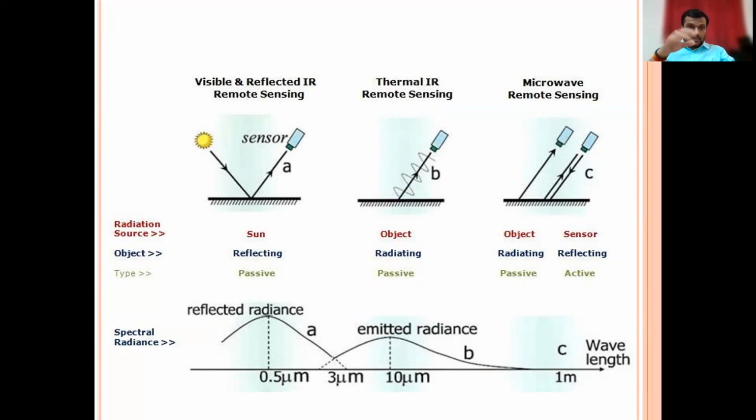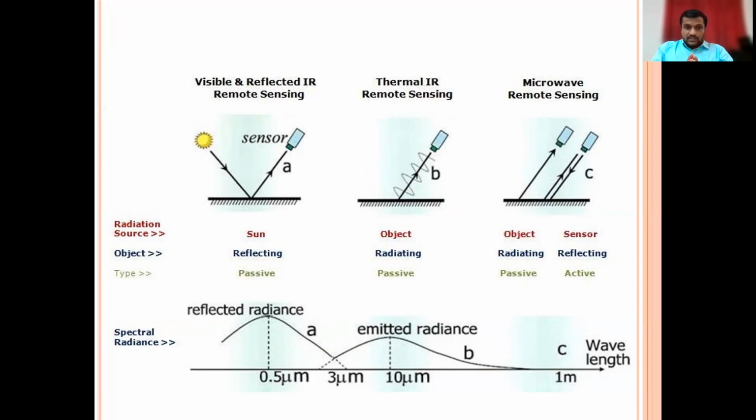Then in case of visible and reflected infrared, we generally collect the reflecting energy. In thermal infrared, we use the radiating energy. And in case of microwave remote sensing, we use both radiating and reflecting energy. So there are basically two types of remote sensing process, active and passive.